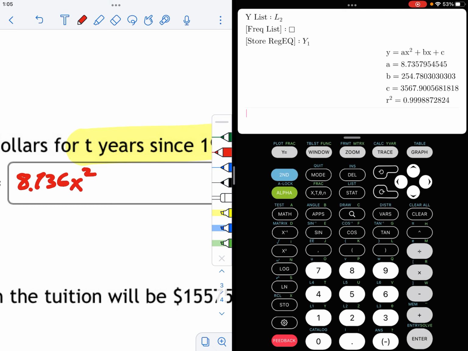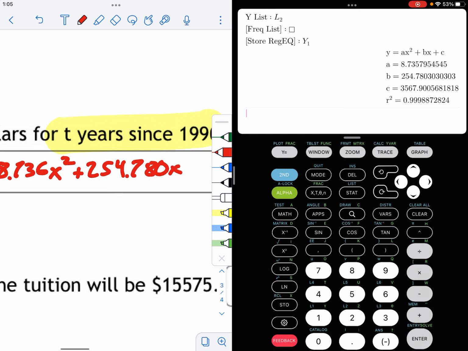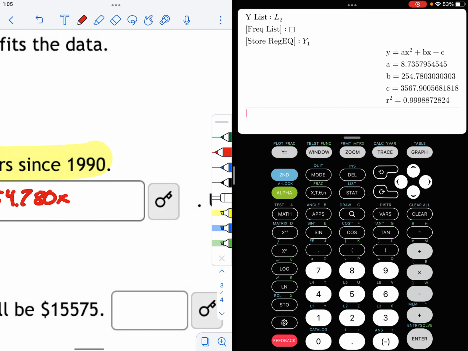The b value is 254.780x. I think I'm kind of out of room. Nope, got room there. And then plus 3567.901.